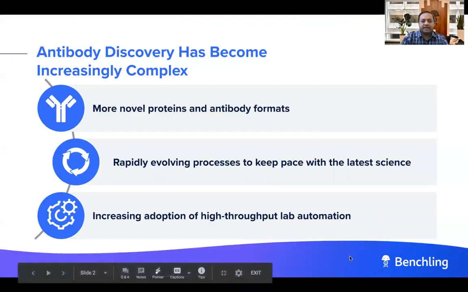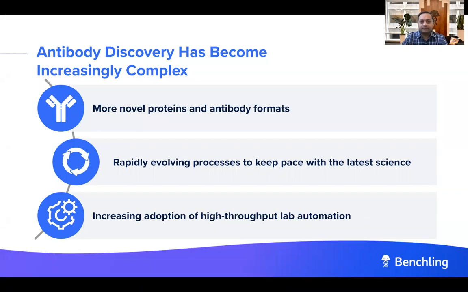Over the past several decades, antibody discovery has grown significantly in terms of complexity. Today, it includes a wide range of platform technologies and methods. Some of the specific drivers of this complexity are the antibody candidates being discovered are much more diverse structurally. In addition to well established monoclonal antibodies, we have a plethora of bispecific formats and antibody drug conjugates.